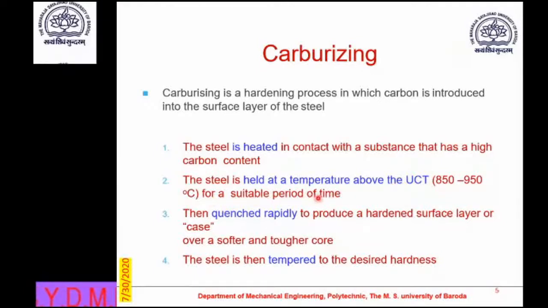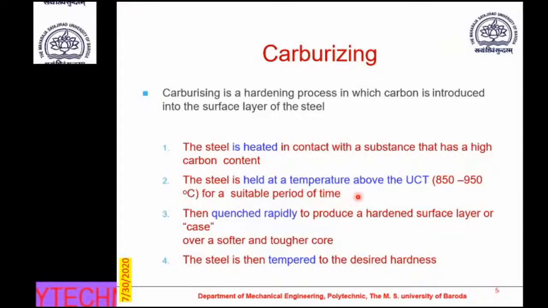Now, how do you decide this suitable period of time? We decide it from the depth or the thickness that is to be hardened from the surface.